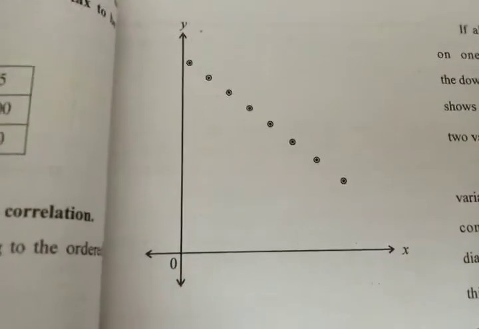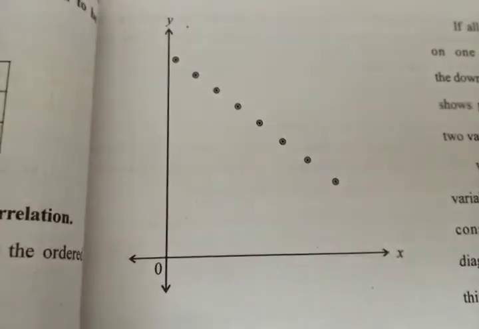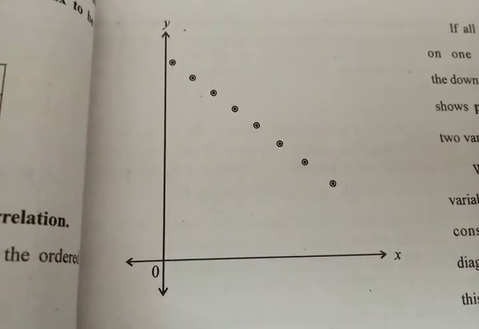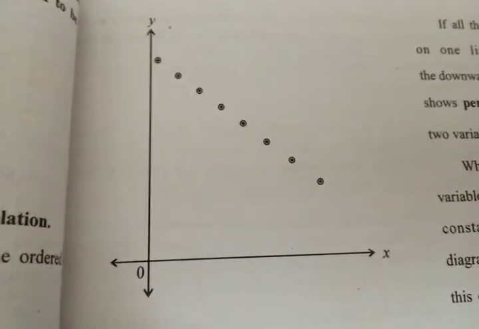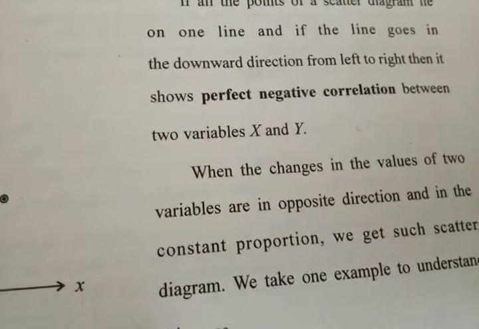One more example is given, which is the opposite of it. Here you see the variables x and y are plotted, and we get the points on a straight line going downward from left to right. So when you get a curve like this, this is a particular case of perfect negative correlation.